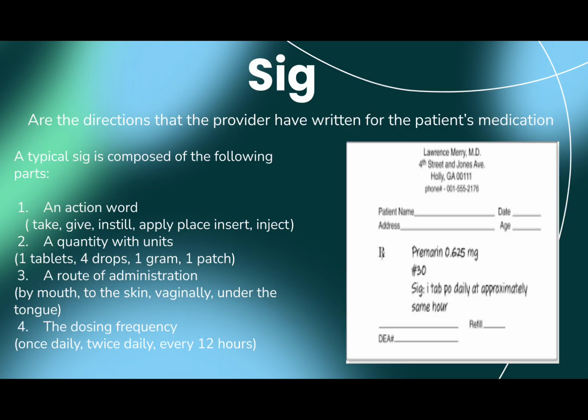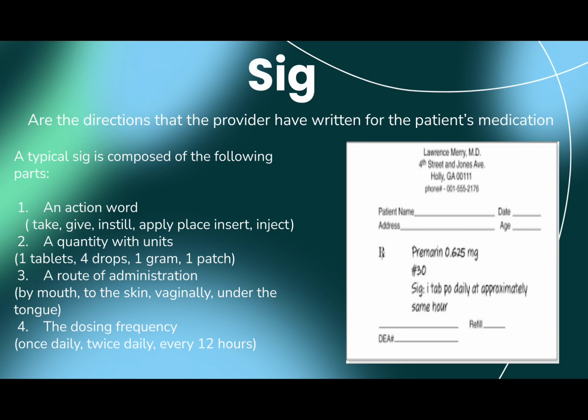SIG are the directions that the provider has written for the patient's medication. A typical SIG is composed of the following parts: an action word, so like take, give, instill, apply, place, inject. These are just a couple examples.